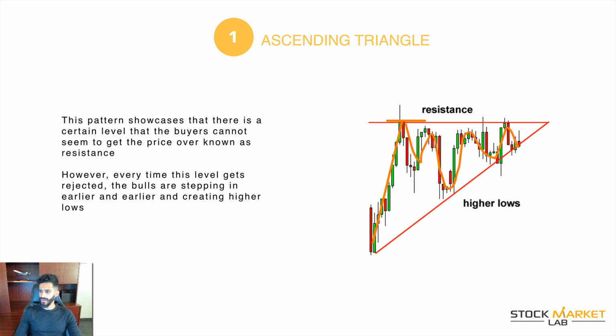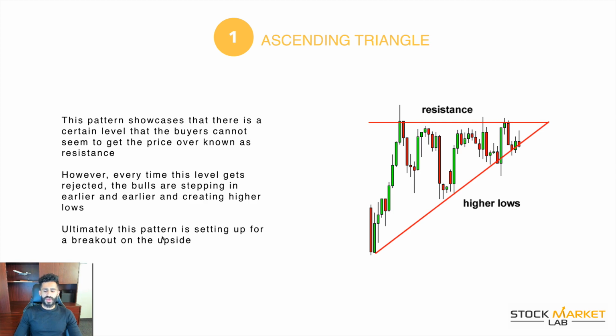Every time the stock gets rejected, you can notice that the bulls keep stepping in earlier and earlier. So the low points are getting higher, as you can see with this trend line. That showcases that the bulls are getting extremely strong over and over again.